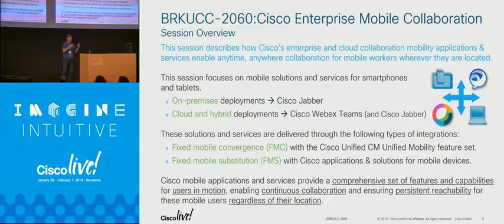We start to put software on our mobile devices, on our desktops and those kinds of things to enable additional features and services. The whole idea behind all of this is to provide a comprehensive set of collaboration features for reachability, persistent reachability, and continuous collaboration for all of our mobile users while they're moving around, wherever they're located.